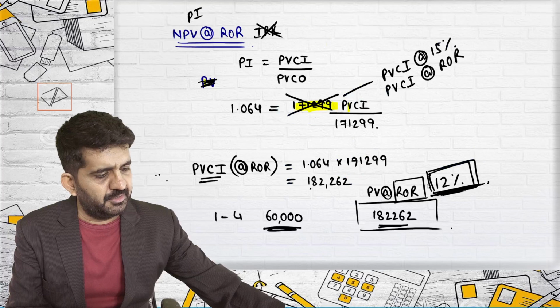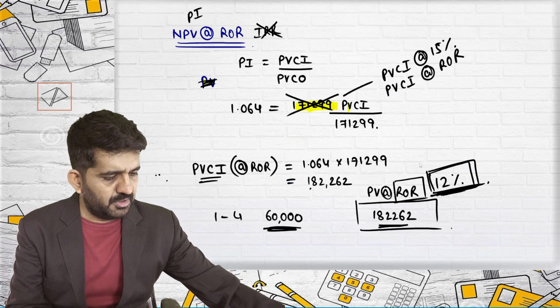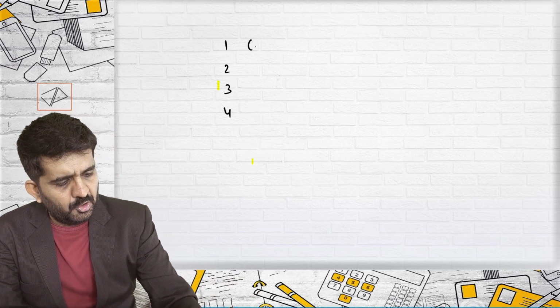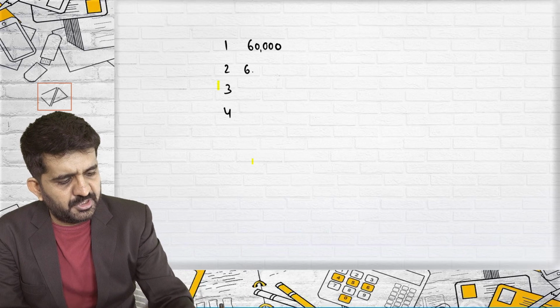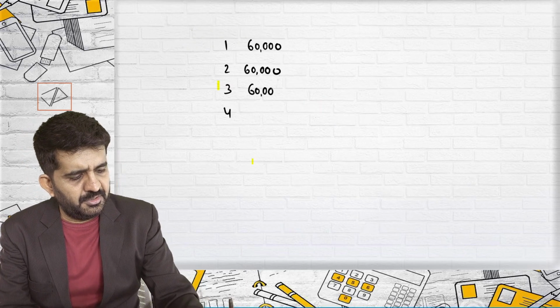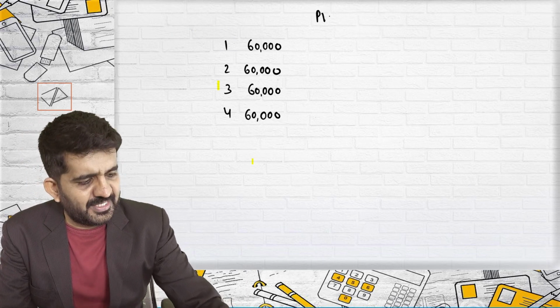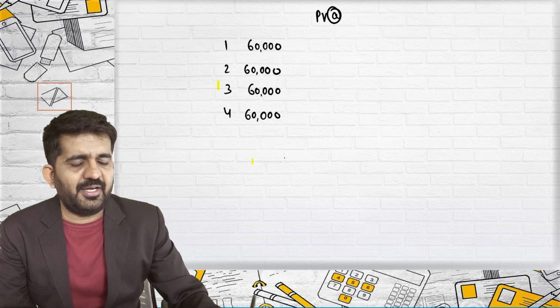Also, in this question, you need to find out payback period. This I am keeping upon you. All right. You need to draw 1, 2, 3, 4. Your cash flows are 60,000, 60,000, 60,000, 60,000. I will have to find out present value at the rate of what?